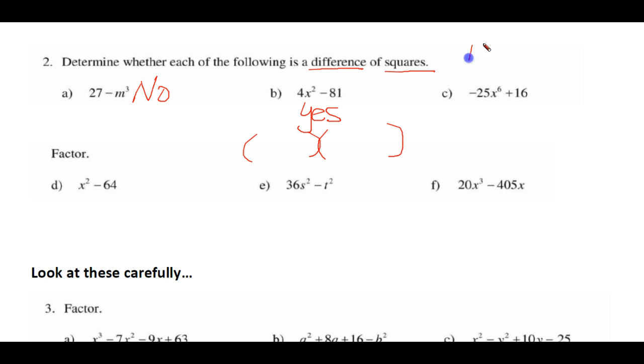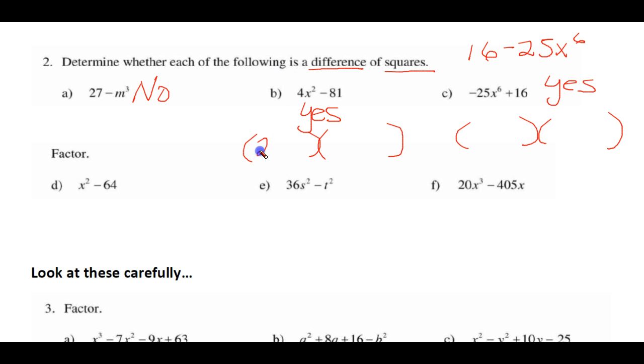We could rewrite this as 16 minus 25x to the 6th. So there's the more typical way of seeing it. And yes, this is the difference of perfect squares, and we could factor that into its conjugates as well.